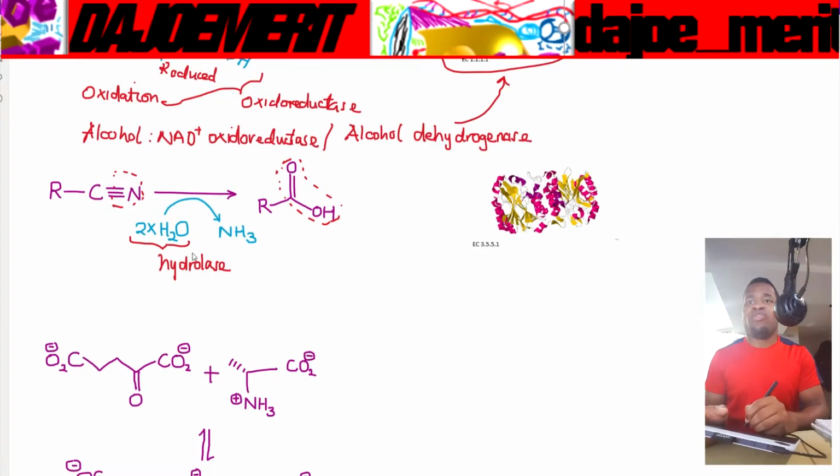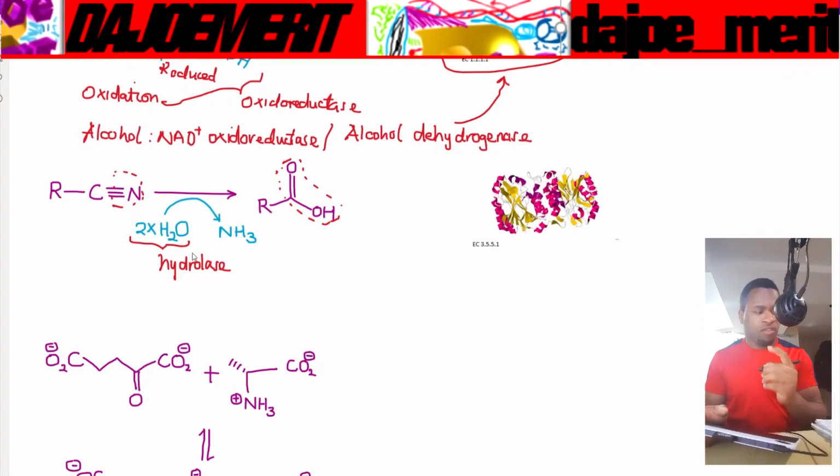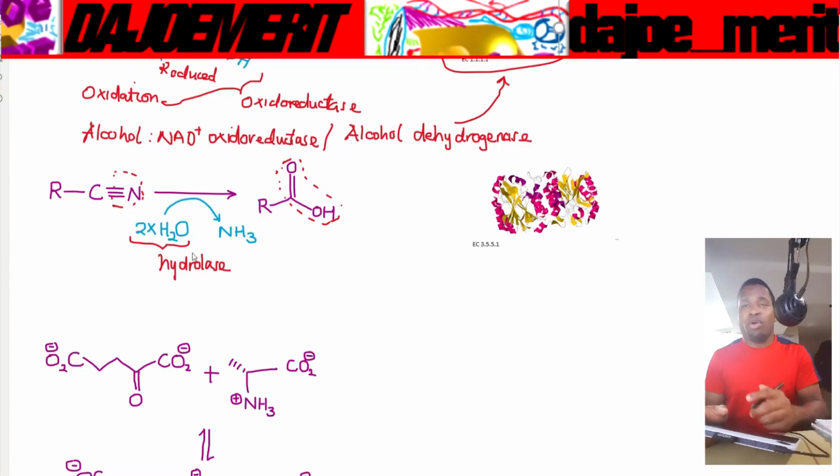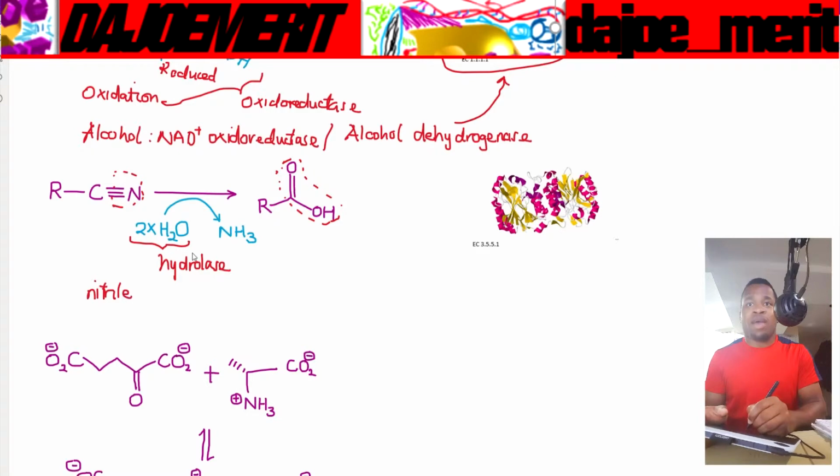And since it's a hydrolase, if we go with the systematic name, we go first with the one that is actually broken, and in this case we have the nitrile that is affected by water.